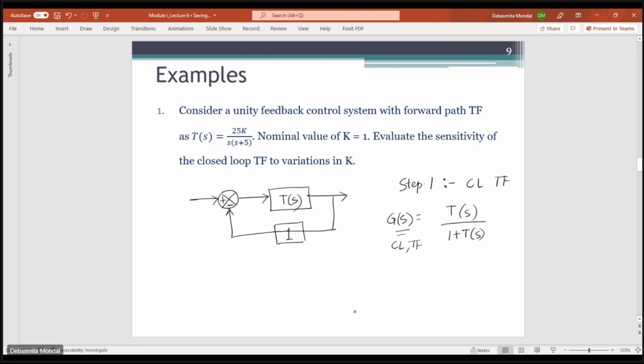Once you have the closed loop transfer function, you can substitute the value of T(s) with the given expression and write it as a function of s.